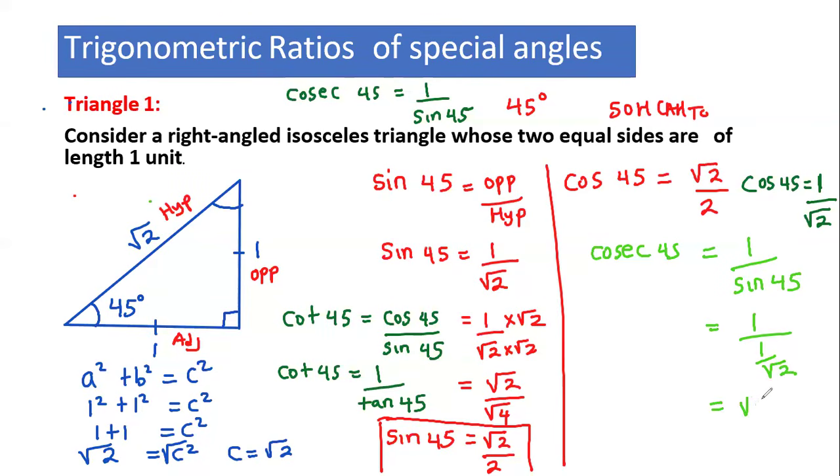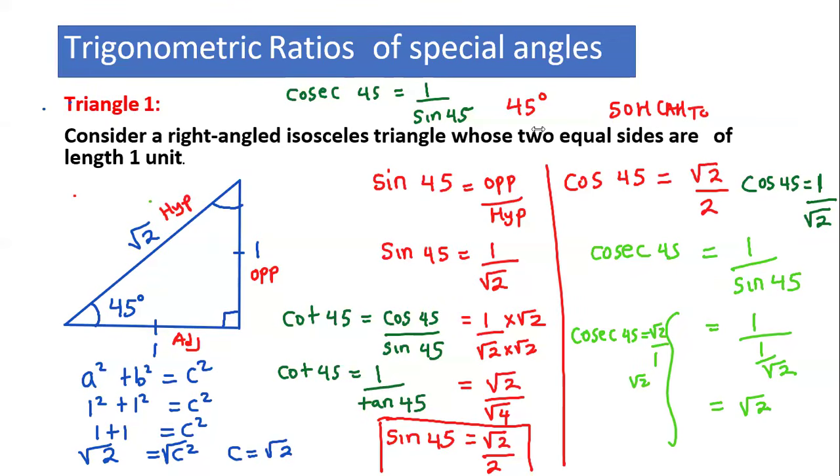And members, this will give you root of 2. Alternatively, when you are dealing with a cosec, you can know that cosec can be the other way round. I hope it will not confuse you. Cosec of 45 will be hypotenuse out of the opposite. In other words, it will be root of 2 out of 1, which is root of 2.